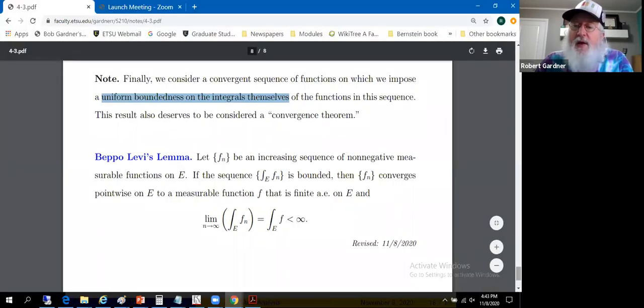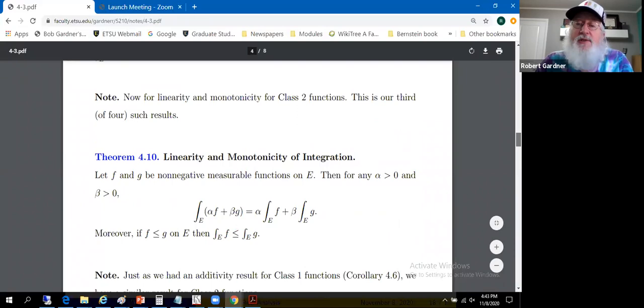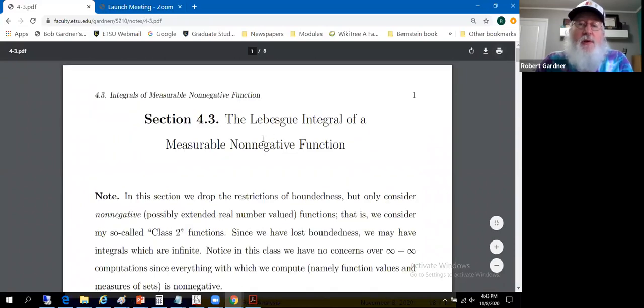And that takes care of class 2 of functions, non-negative functions. So what's left in terms of developing Lebesgue integration is section 4.4, and there we'll consider integrable functions. We'll allow functions to be both positive and negative, leading to concerns about infinity minus infinity, but the integrable we introduced here, that'll come to the rescue in that class of functions.